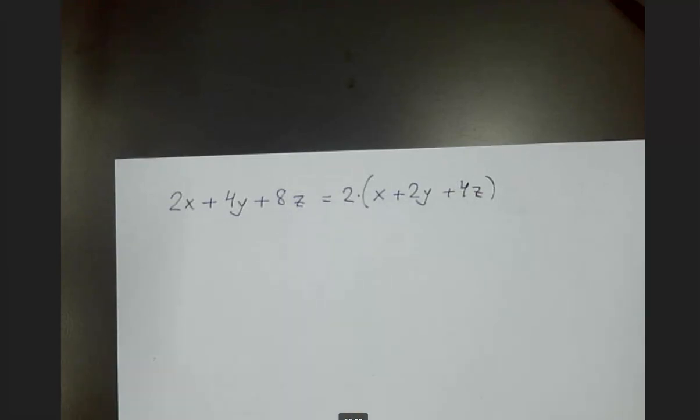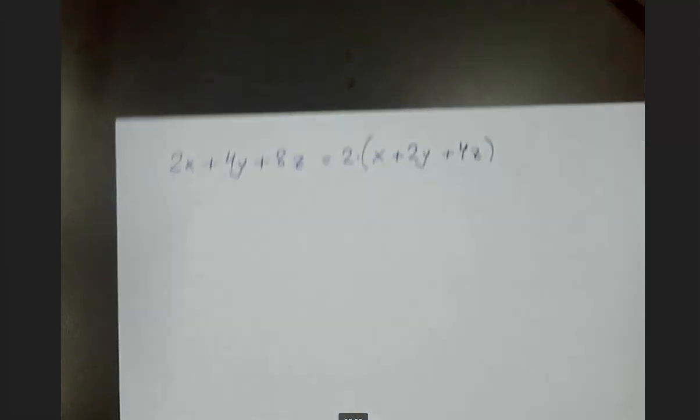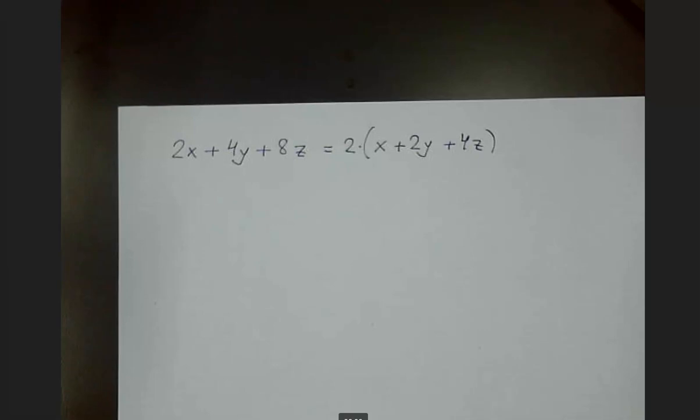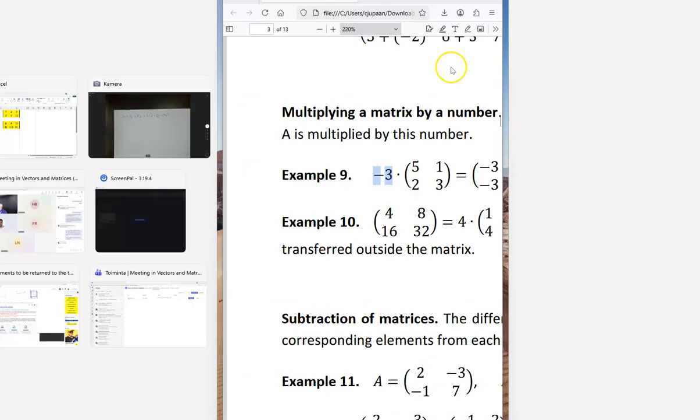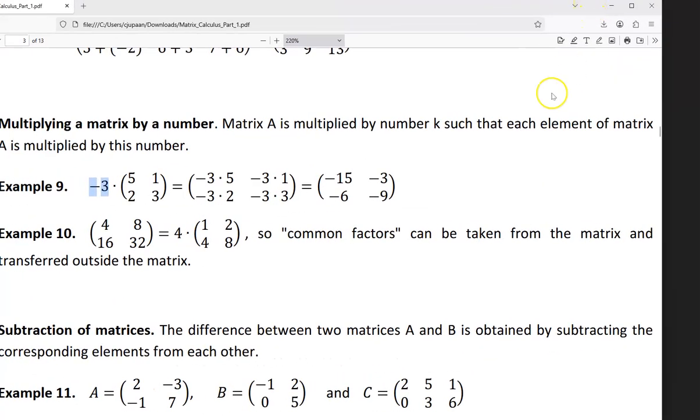And the same thing we can do with the matrices, because here in this example we have all numbers inside the matrix. All those numbers, or all those elements inside that matrix, are divisible by 4.